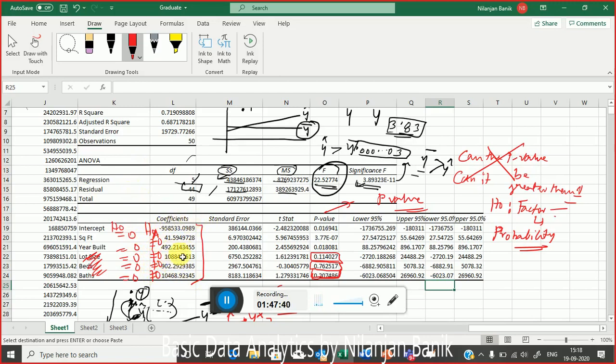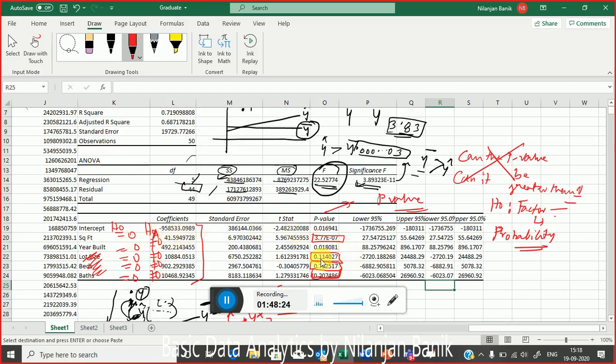But this p value is telling me out of 100 times, how many times this will take value either 0 or, in the case of square feet, 41. If the p value is 0, it is saying out of 100 times, 0 times it will take value 0, and 100 times it will take value 41.